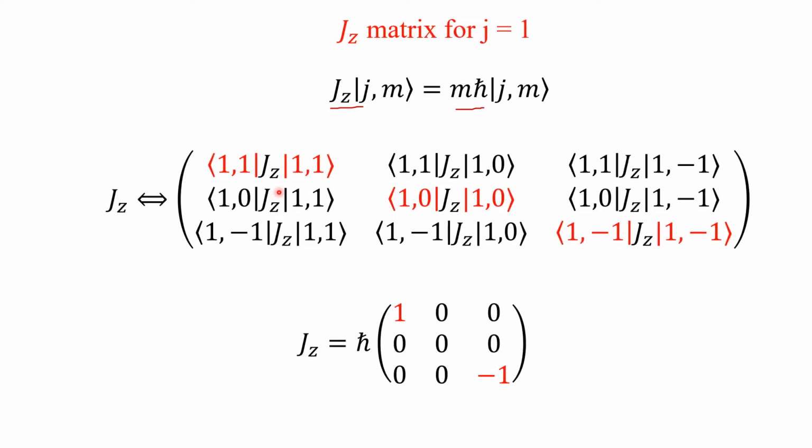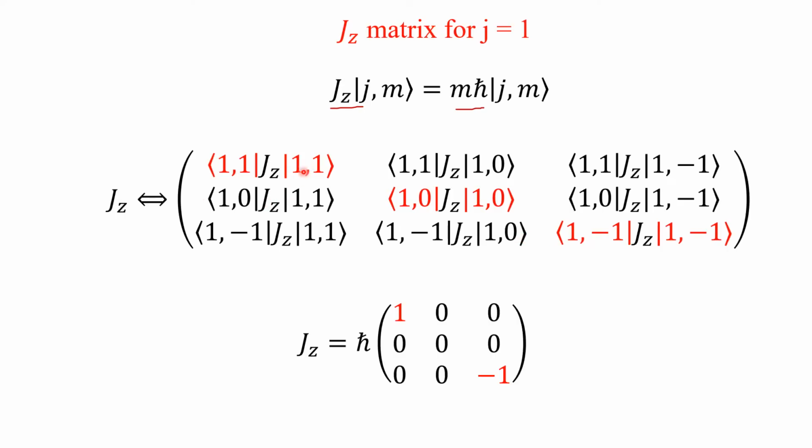Since there is no change in the state of the ket vector, only the diagonal element exists, because here 1 1, 1 0, 1 minus 1, shown in red color. In all other cases, the bra vector and ket vectors are different. So only the diagonal element exists.